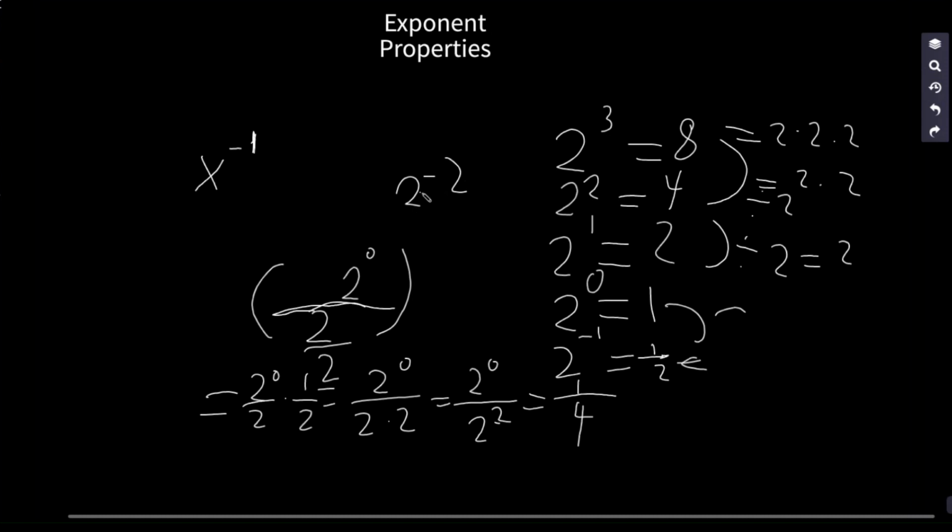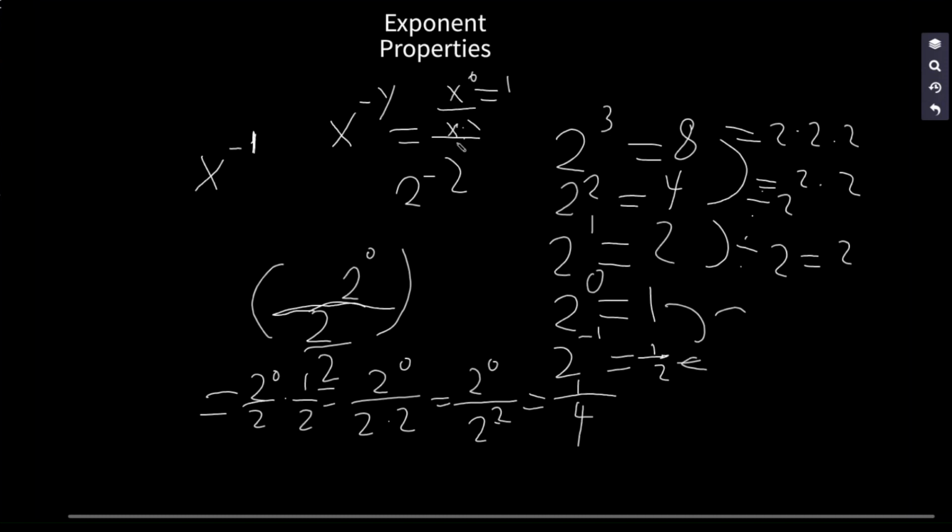Okay, now what does this really mean though? Let's say we have a general thing. What if we have x to the negative y power? So we want x to the 0th, which is always just 1. And then to get to the negative y, we need to divide by x, y times.